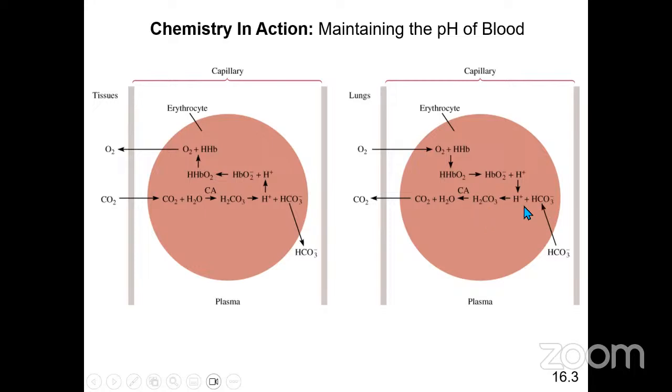So again, this is the buffer system right here. So basically, as the concentration of H+ increases, the equilibrium will shift to the left, which further facilitates the release of carbon dioxide in the lungs, and therefore we exhale the carbon dioxide. So this is just one example of how buffer works in biological systems.